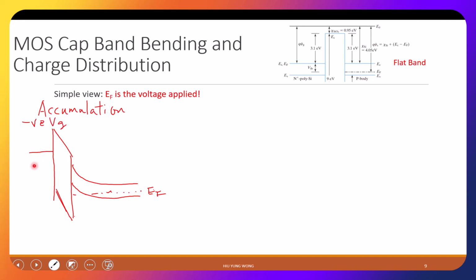So because I apply negative VG, I push the gate up. I still keep the substrate at ground, but I apply negative VG. I push the gate up, which makes sense because the electron at the gate will feel the negative potential. So they should have a higher energy in this band diagram, because the band diagram is the electron energy. So you get this type of bending.